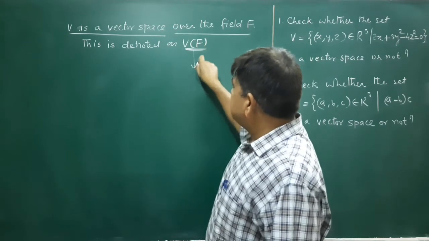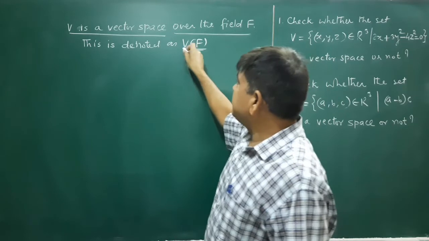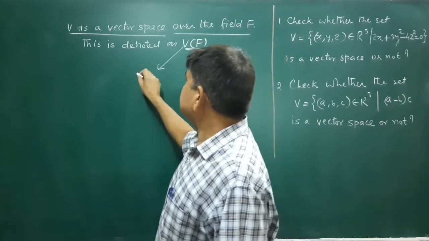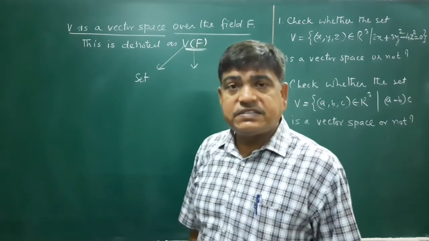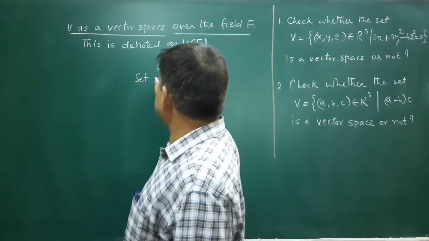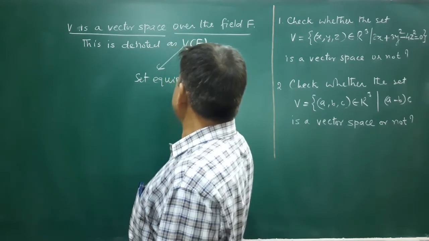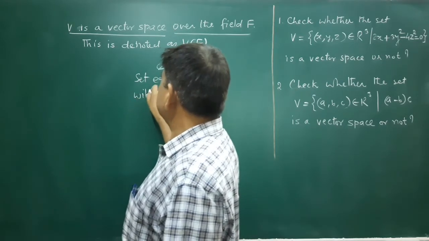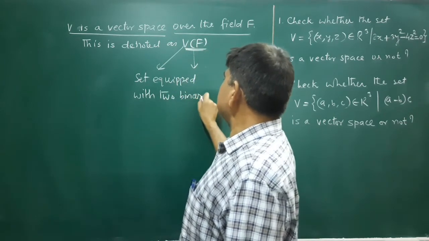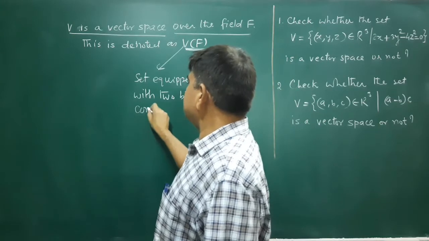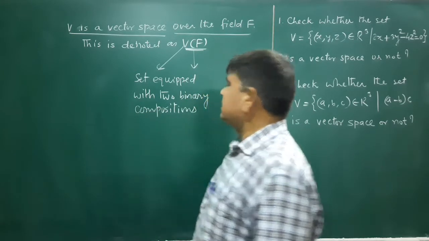If this is given, it means here V is a vector space, this is a set with two binary compositions.